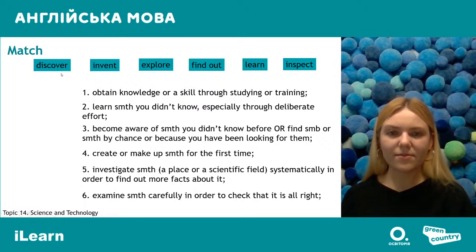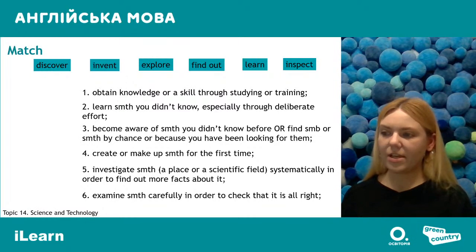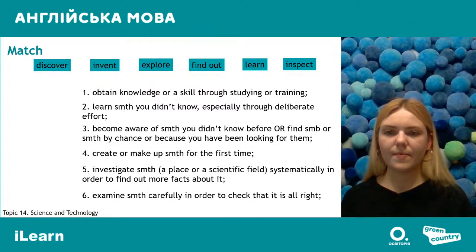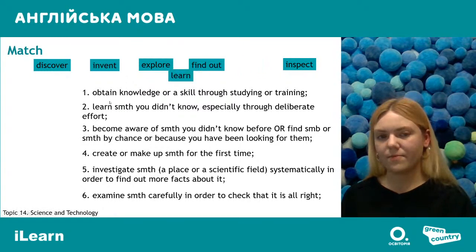So let's look at the words on this slide and let's try to match them with the definitions. And the first one says, obtain knowledge or a skill through studying and training. So which word do we use to say that we obtain knowledge or a skill through studying or training? And we learn.